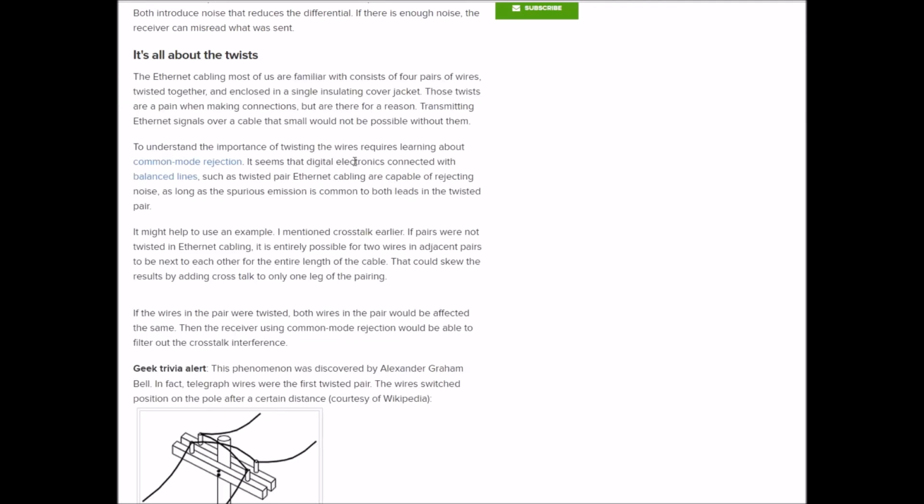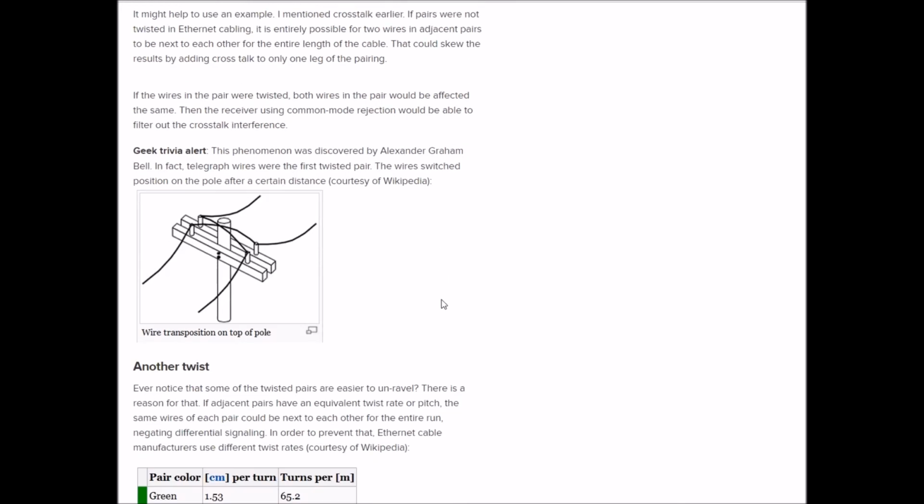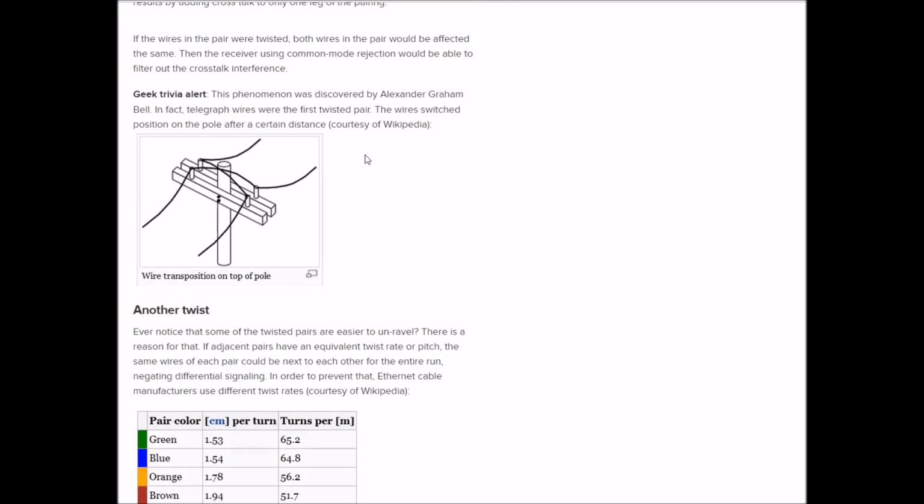But this is from TechRepublic, a little bit older page here, but it explains very well why Ethernet cable is twisted, and it does go back to the telegraph days. Alexander Graham Bell, they were running telegraph wires, and they found that if they twisted the wires at every telephone pole, they got a signal that lasted longer or that went farther.